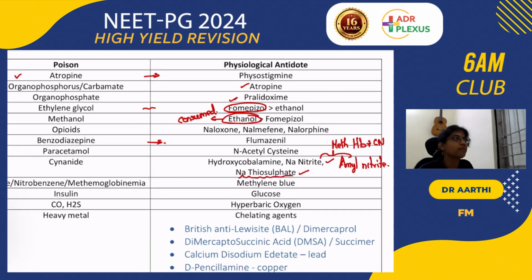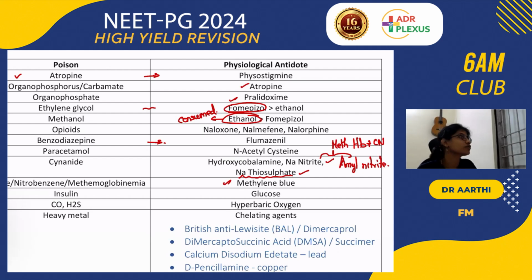Then for nitrates, nitrobenzenes, methemoglobinemia, all of these you will use methylene blue. These are the cases where the patient already comes blue in color because of the methemoglobinemia, and apart from it, now you're going to give methylene blue also. So we call it the blue patient. These are the nitrobenzene methemoglobinemia patients.